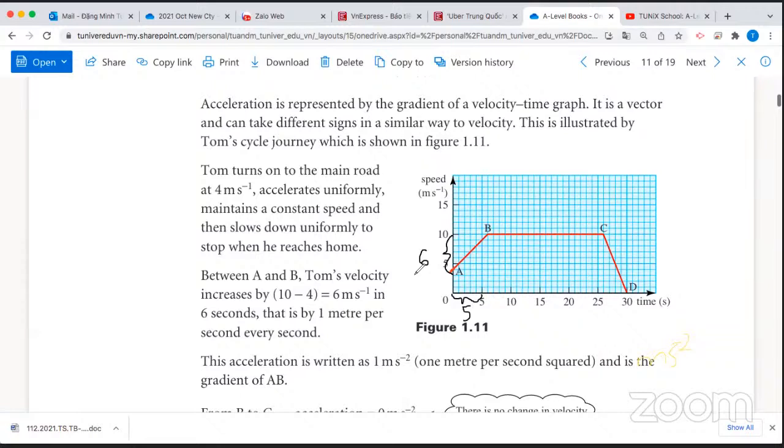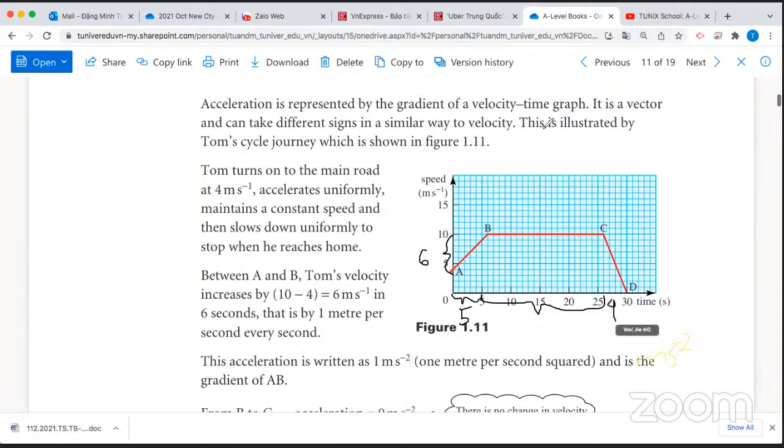The speed is constant, so the acceleration is zero. And then what about CD? It is negative. What does it mean? It is going in the opposite direction, or rather the speed decreases.